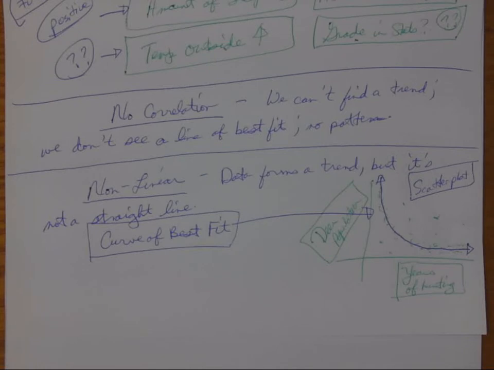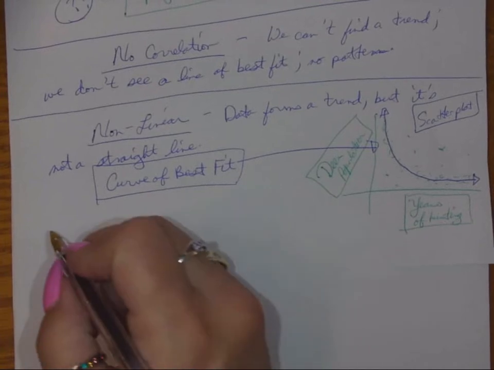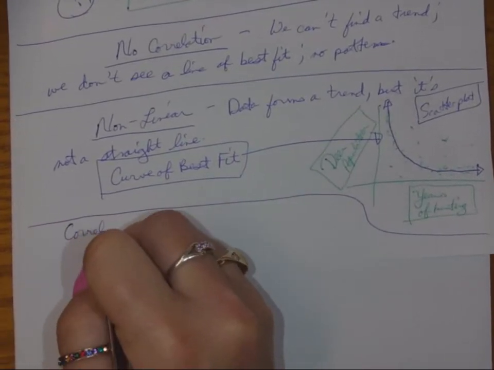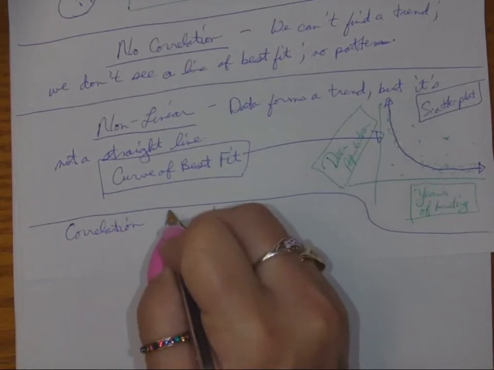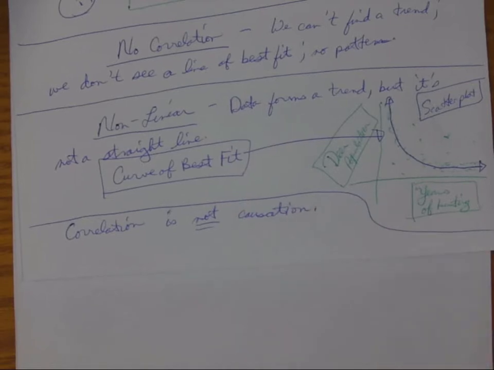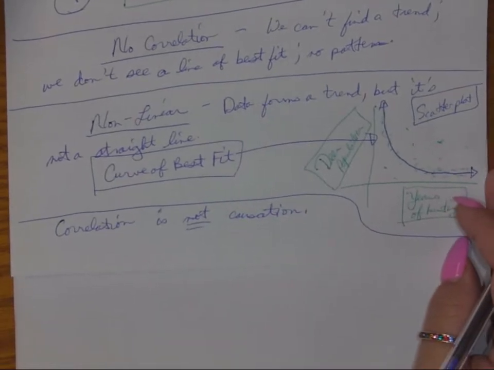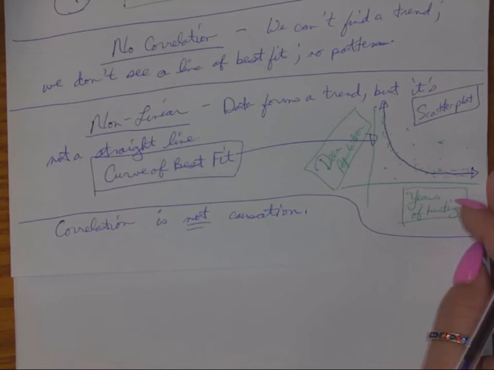It's important to remember that correlation is not causation. Okay, so that's an interesting point that you'll see in some of your reading. Correlation is not causation. So what does that mean? It means it doesn't cause something to happen. Just because the temperature goes up outside, it doesn't mean that the temperature is making people buy more ice cream.